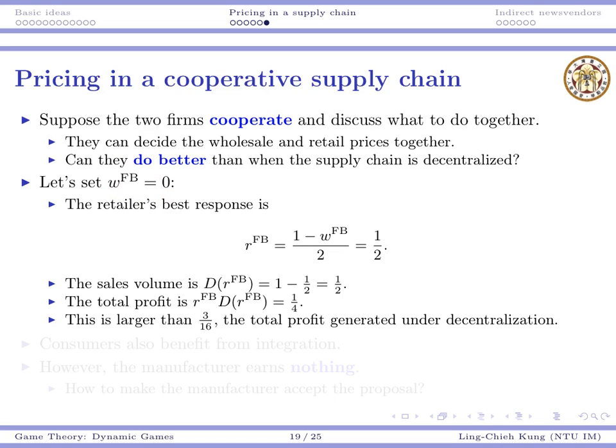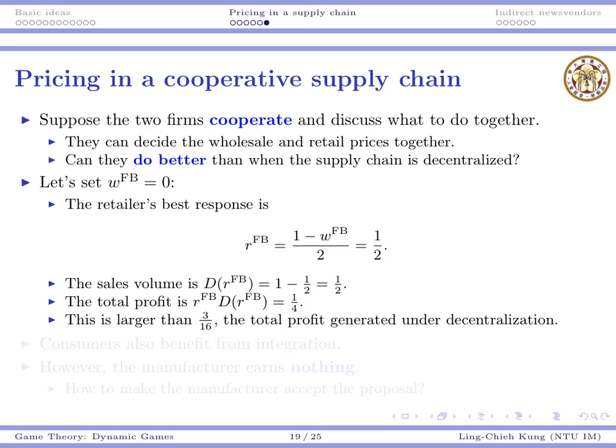In this case, the retailer's best response will be 1/2, and then the sales volume will be 1/2, and then the total profit is 1/4. This is the retailer's profit. The manufacturer's profit is 0, so together they can get 1/4 as the aggregate profit. And you can see that this is higher than 3 over 16.